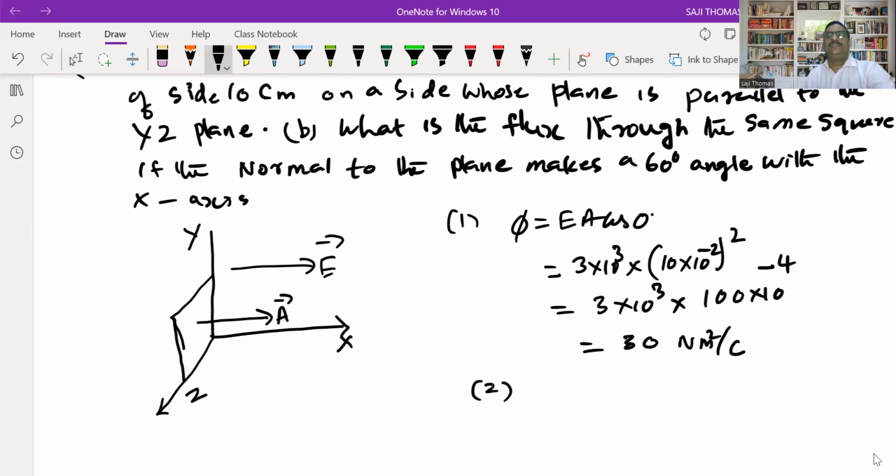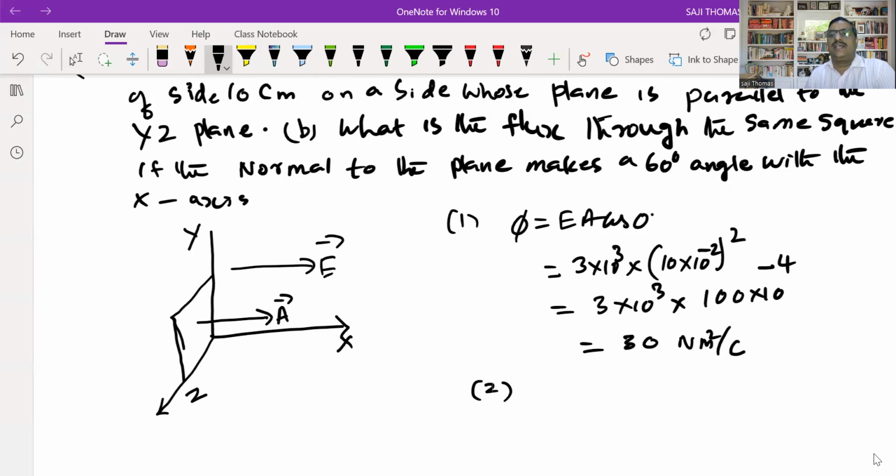Second question. Read it: What is the flux through the same square if the normal to the plane makes 60 degrees with the x-axis? The normal to the plane makes an angle of 60 degrees. So what is the angle between the normal and the electric field?